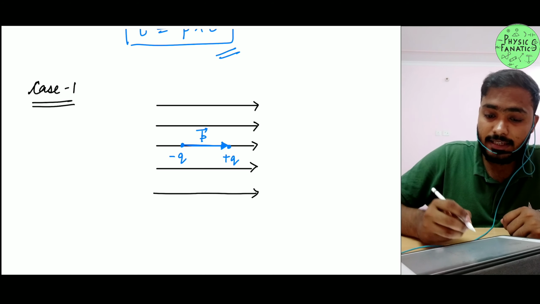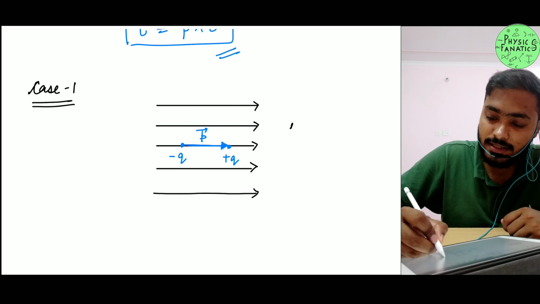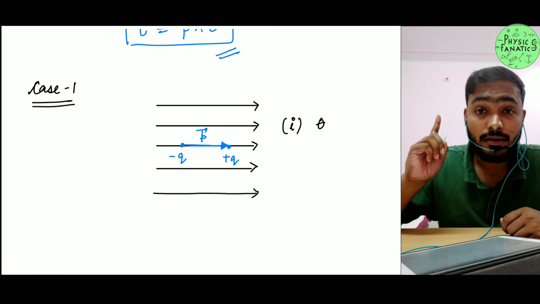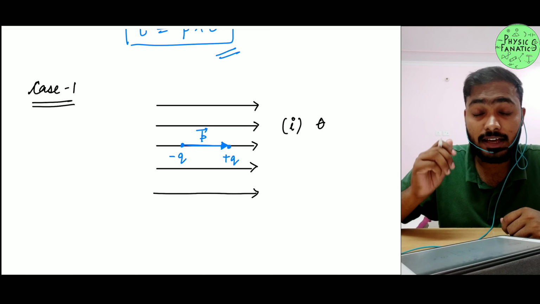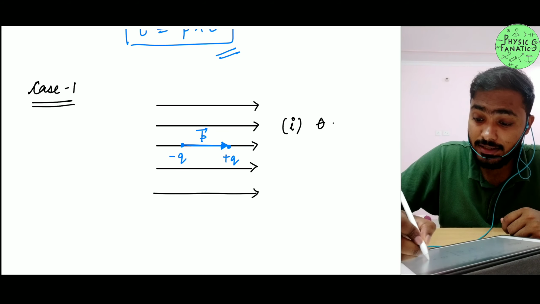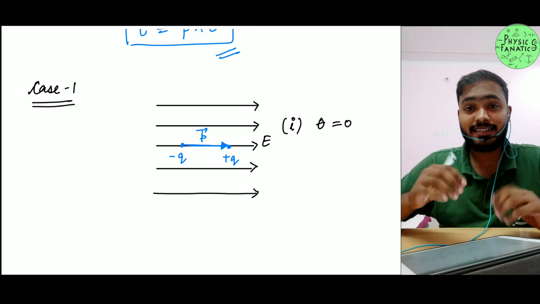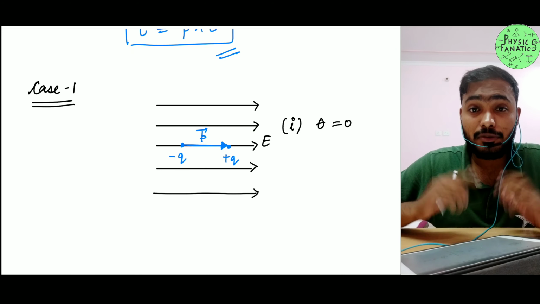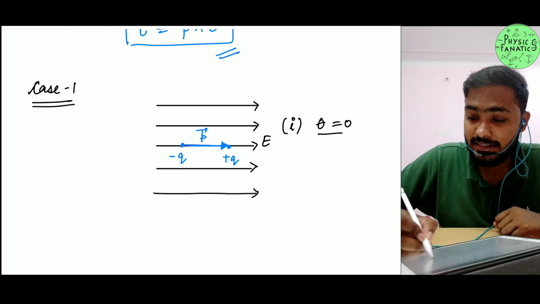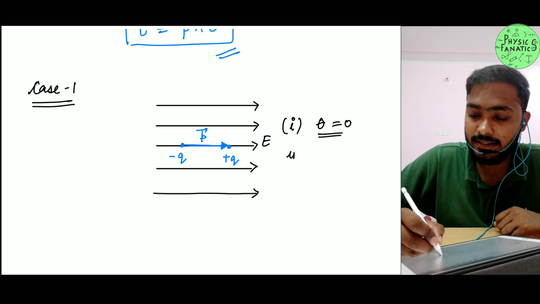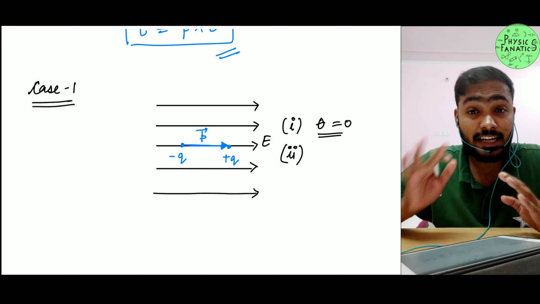The first thing I can understand from here is that theta, the angle between your electric dipole moment and your electric field, is actually 0, as you can see the electric field is in this direction and this direction is your electric dipole moment. The second thing is the net force.